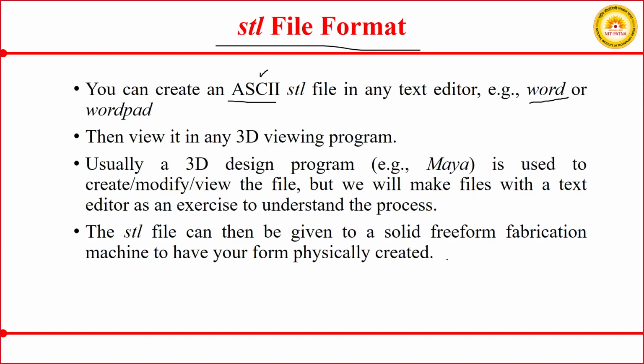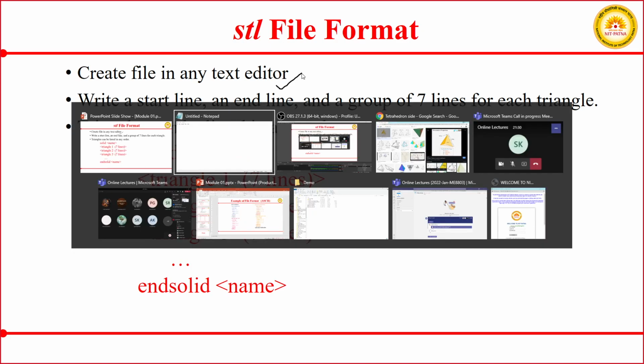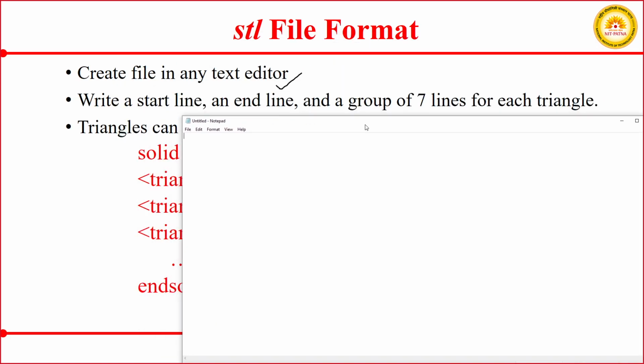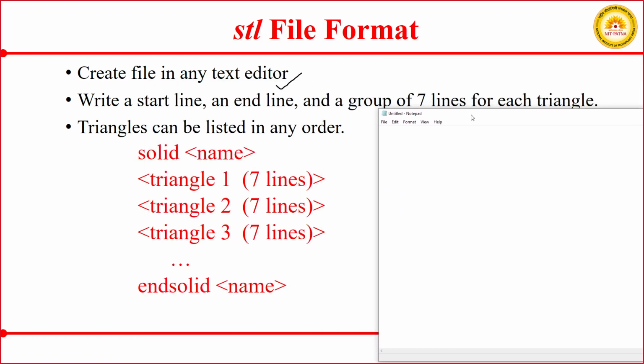How we need to store that, we will be discussing in this part. So the STL file is a simple file. You can say it can be written in any text file. I have opened one text file for you to show how you need to store this information.